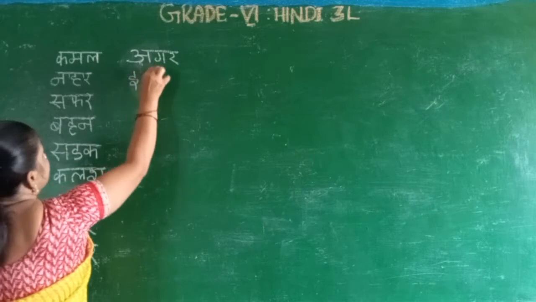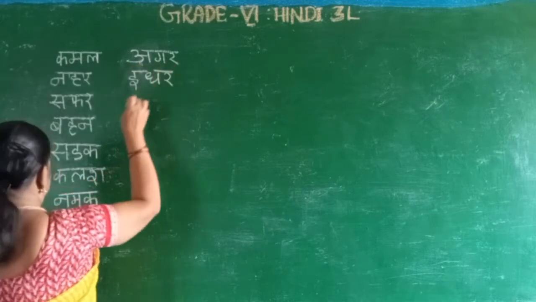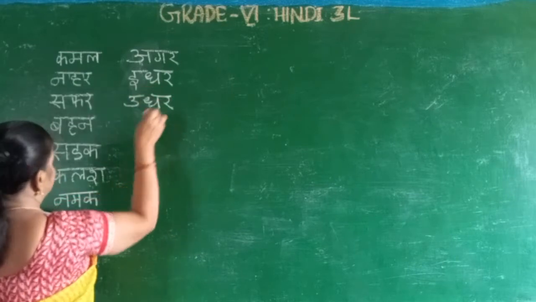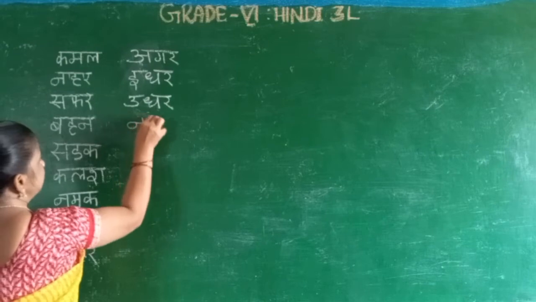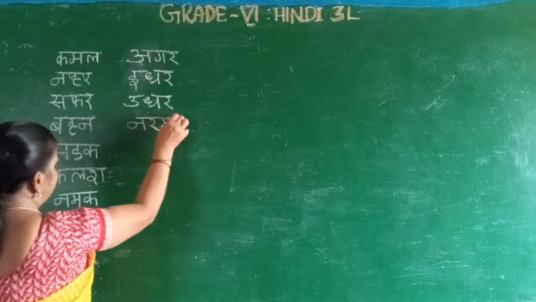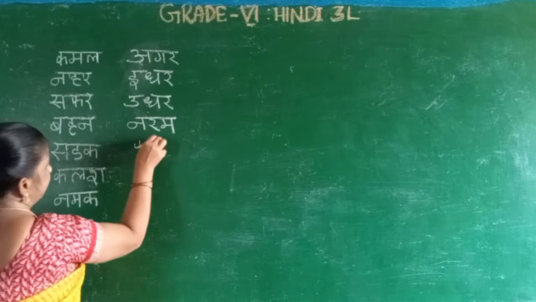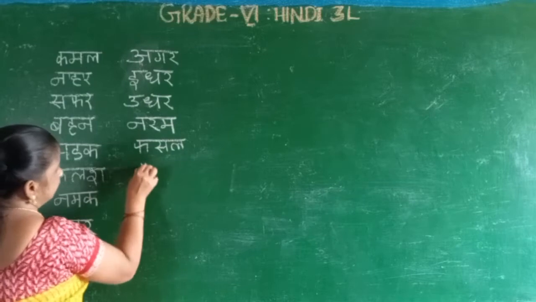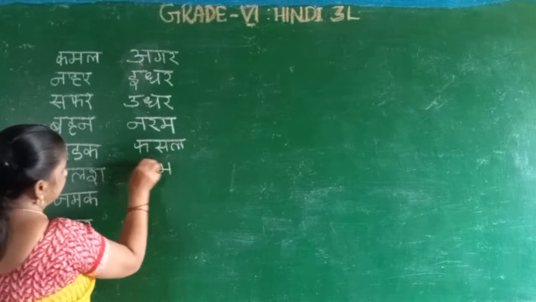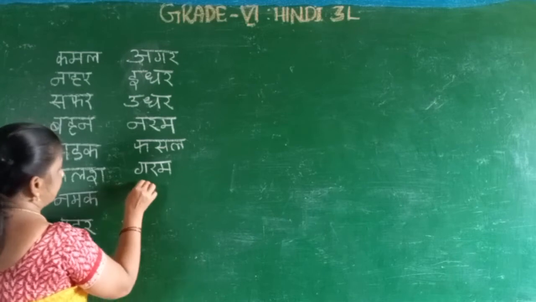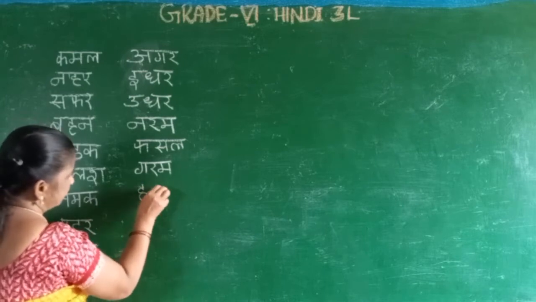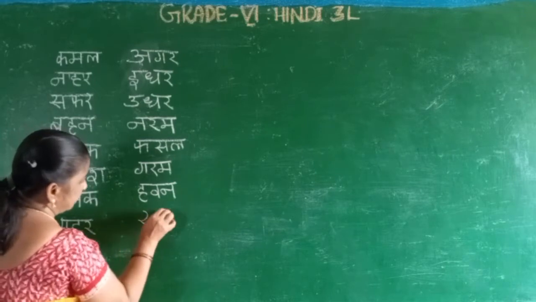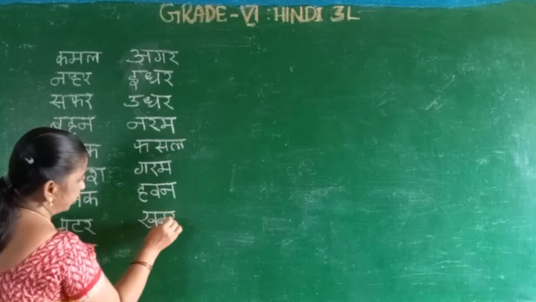E, da, ra, idhar. U, da, ra, udhar. Na, ra, ma, naram. Fa, sa, la, fasal. Ga, ra, ma, garam. Ha, va, na, havan. Kha, ba, ra, khabar.